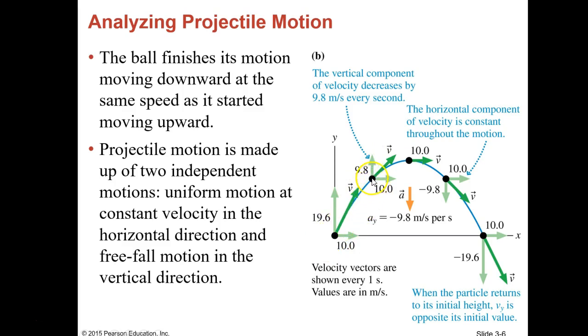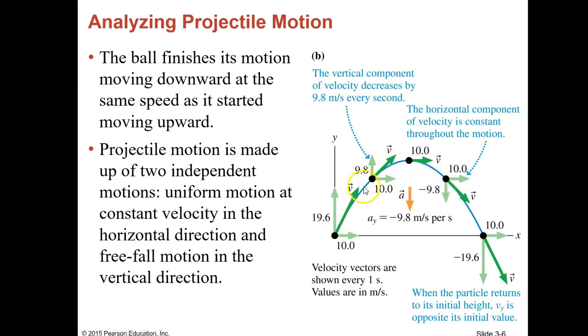So after 1 second, it's lost 9.8 meters per second of speed vertically. Horizontally, it remains constant. At the top of its path, it has no more vertical speed. Then as it comes back down, it's gaining that 9.8 meters per second of speed vertically again. Horizontally, the speed remains constant.